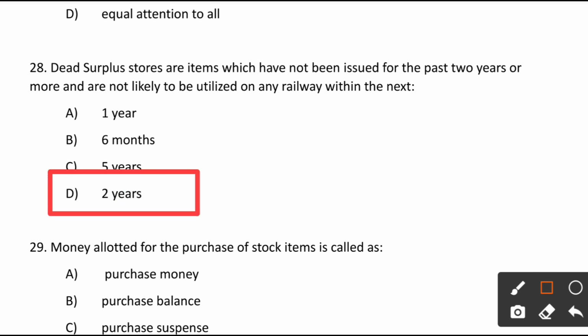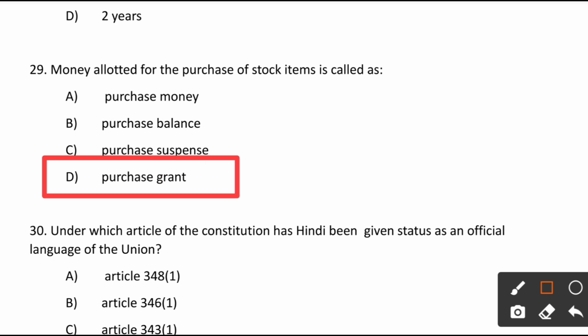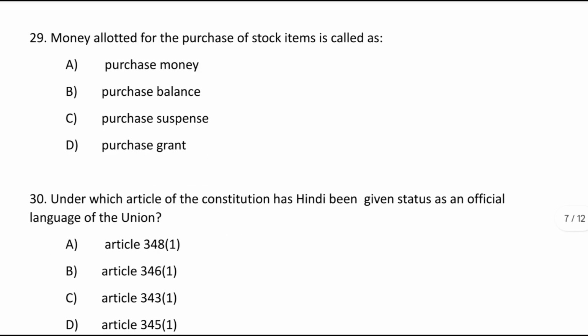2 years. 29. Money allotted for the purchase of stock items is called as A. Purchase money. B. Purchase balance. C. Purchase suspense. D. Purchase grant. In this question, the correct answer is D. Purchase grant. 30.